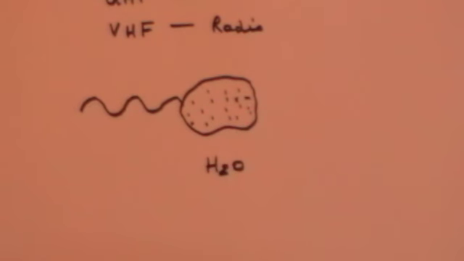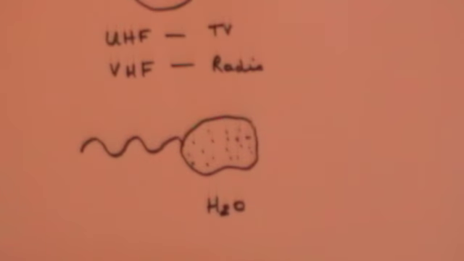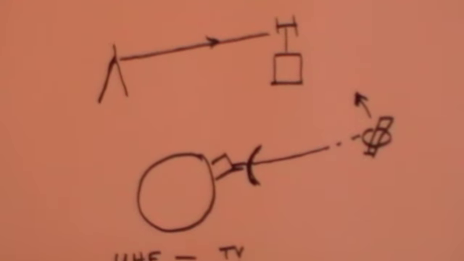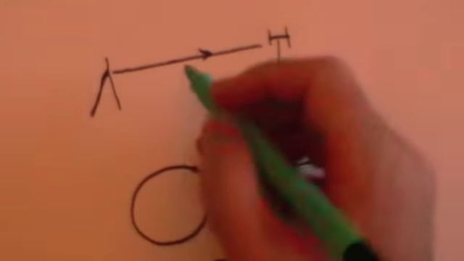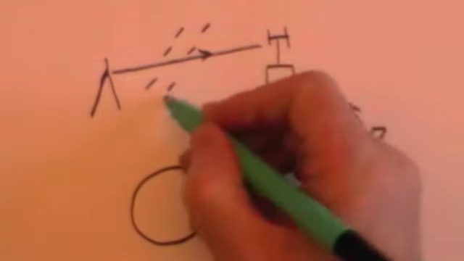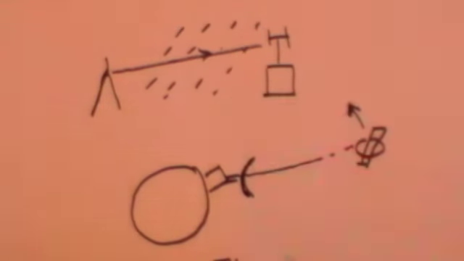This is good for the purposes of a quick way of cooking food. But now let's go back to our radio and television transmission and ask ourselves the question, suppose it's raining. What do microwaves do when they hit water? They are absorbed and the water heats up.